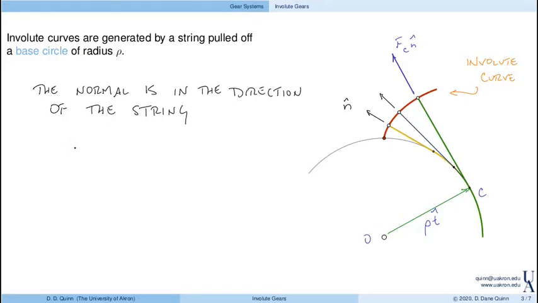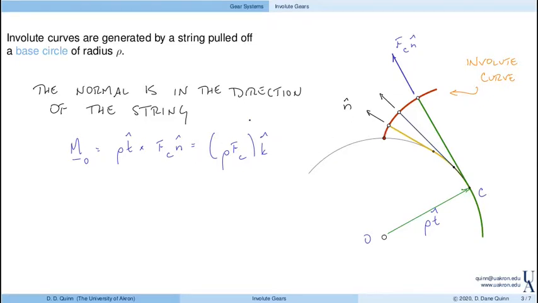As a result, the moment produced about the center of what will be the gear by this contact force is, well, rho in the t direction cross Fc in the normal direction, which ends up being rho times Fc in the k direction.